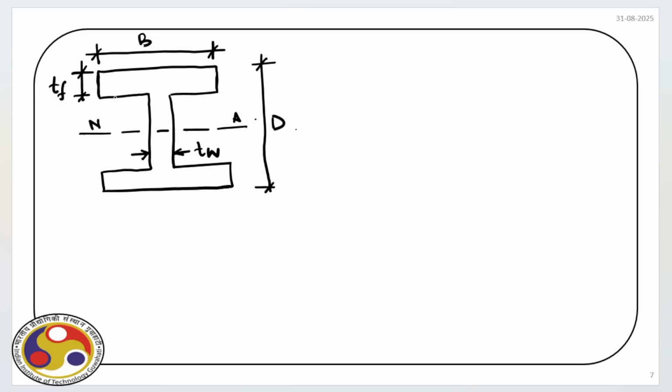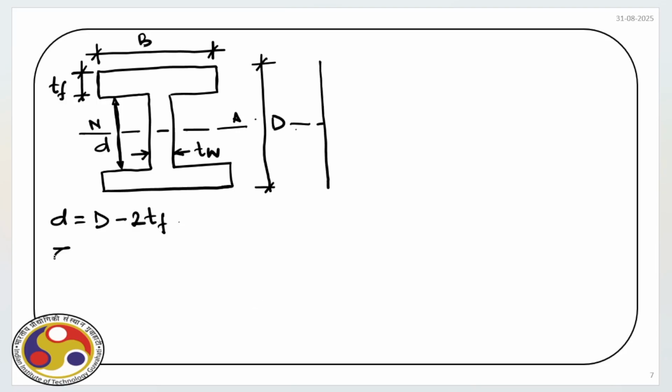So we can quantify the depth of the web. Say this is small d. Small d is capital D minus twice thickness of the flange. Now for this cross section, our objective is to draw the shear stress distribution, right?